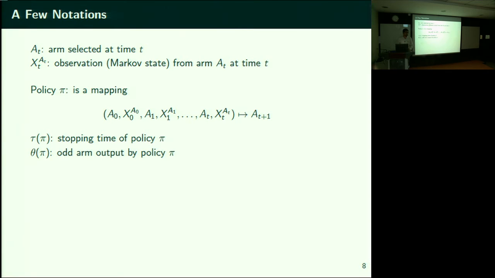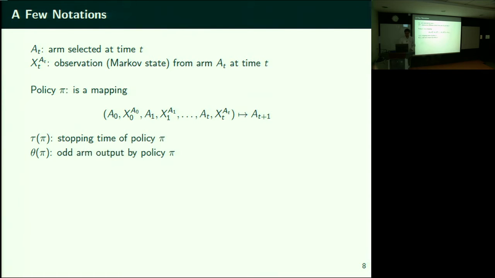What are you going to do next? Either you are going to stop and tell me which is the odd movie based on all the information you have, or you are going to tell me which movie you are going to look at next. So a policy is just a mapping like this. It tells you which movie to look at next, if at all you are going to look at the next movie, or you are going to just declare that you are done.